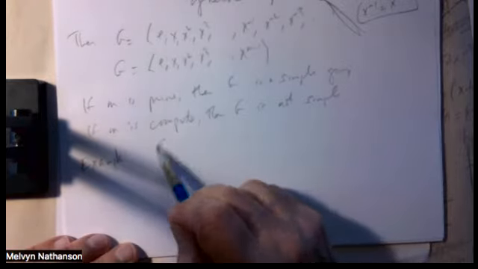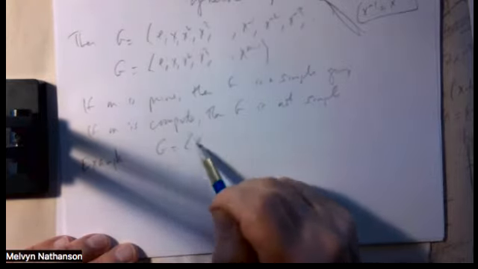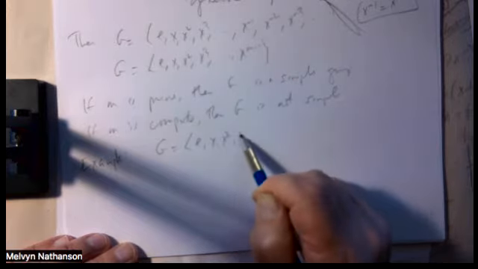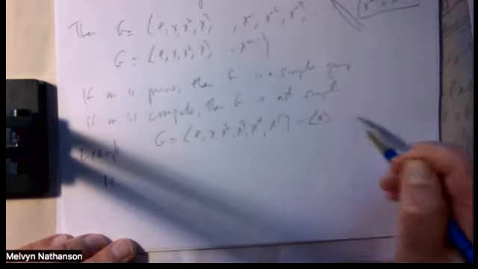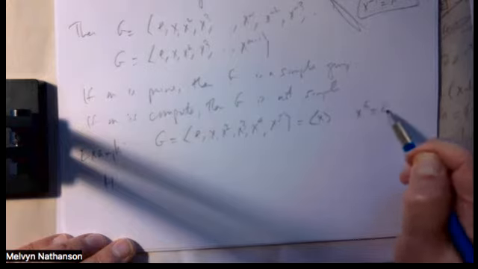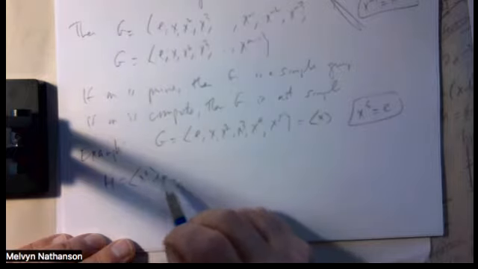So for example, if we take a cyclic group of order 6, it consists of these 6 elements. Suppose that H is the subgroup generated by X squared.